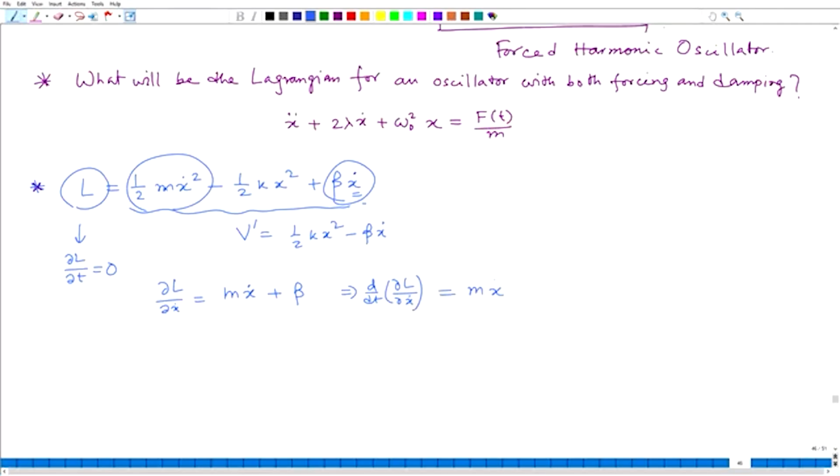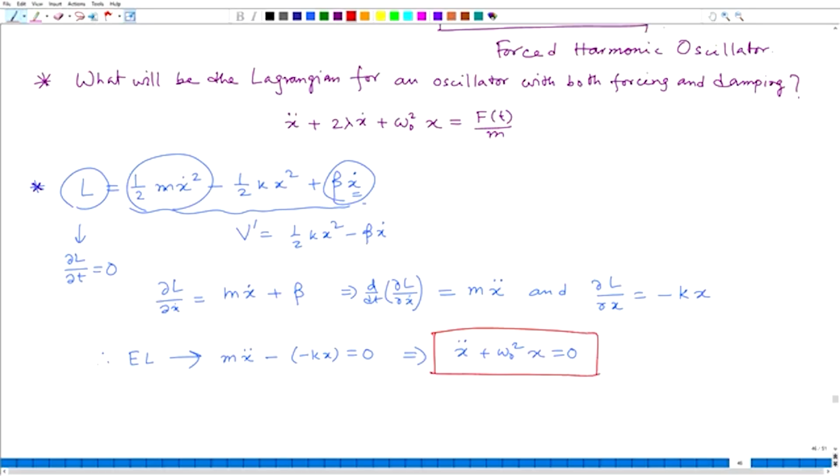That will be m x double dot, and what will be del L del x? That will be minus k x. So, the Euler-Lagrange equation gives m x double dot plus k x is equal to 0. That means x double dot plus omega 0 square x equal to 0, which is again exactly the same as a simple harmonic oscillator.